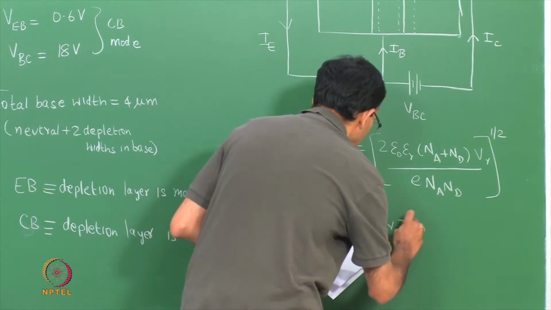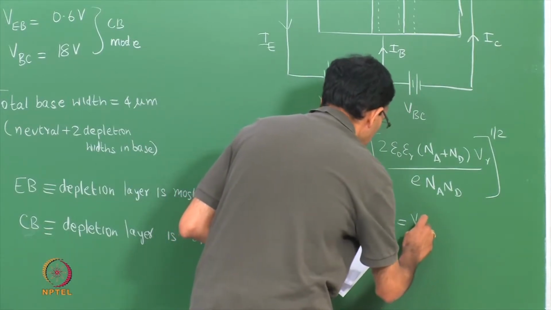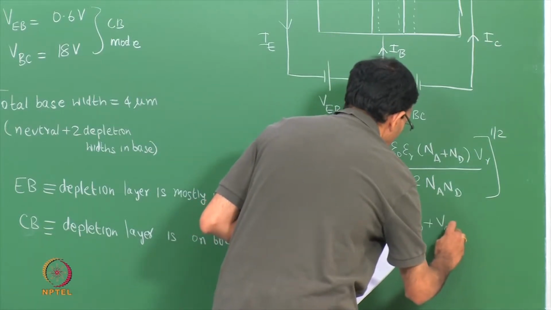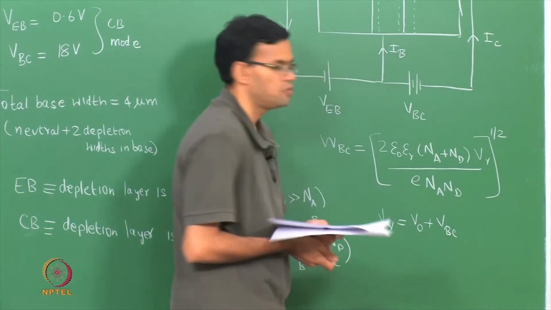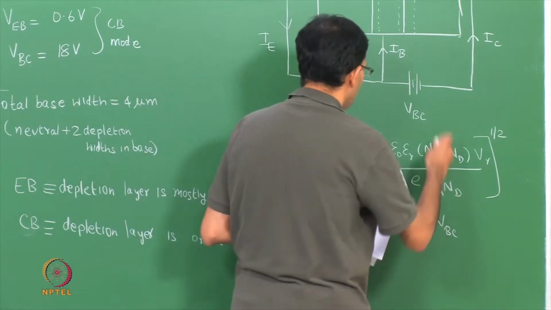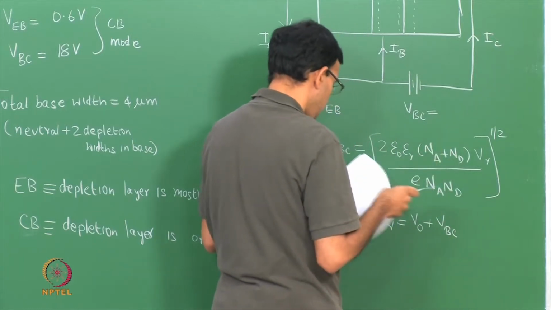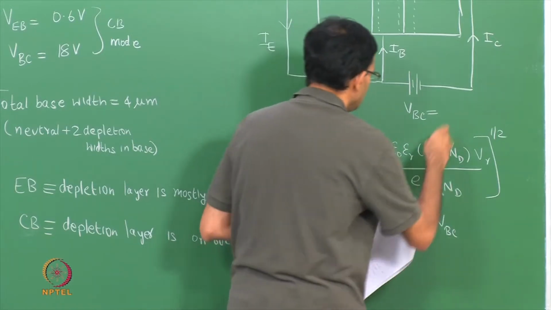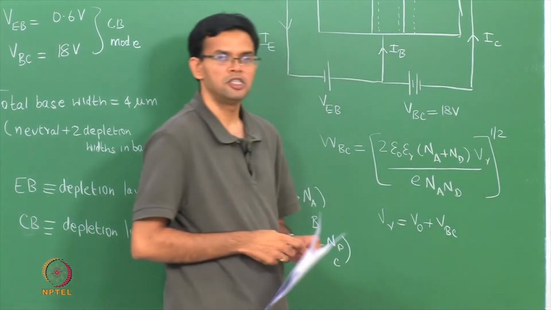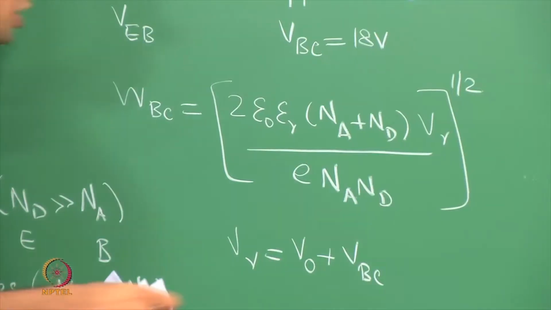So, Vr is nothing but V naught, which is your contact potential, plus the reverse bias voltage. This value is given in this particular problem. VBC is equal to 18 volts, so this number is usually much higher than V naught.